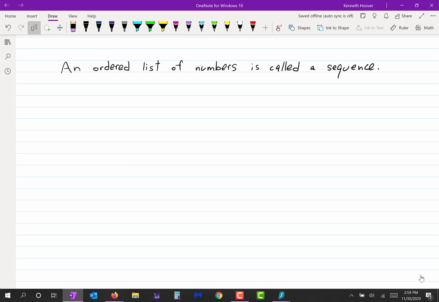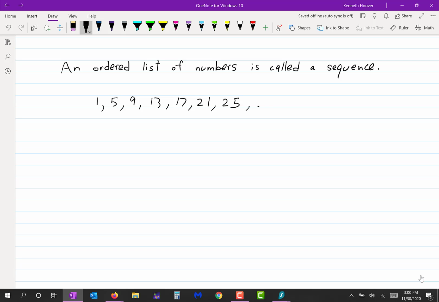Okay, one more example. So you've probably seen this before. I'm sure you must have, but I'm going to start at the beginning just in case. So when you see a list of numbers written in a certain order, that's called a sequence. Like, for instance, let's just say 1, 5, 9, 13, 17, and so on.